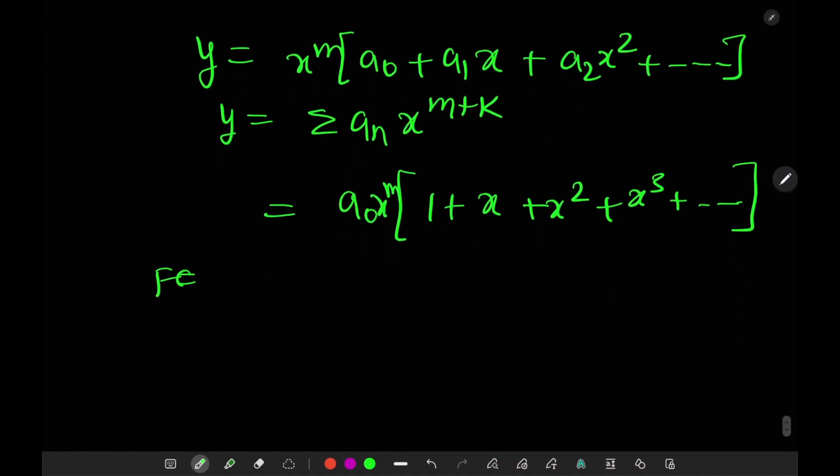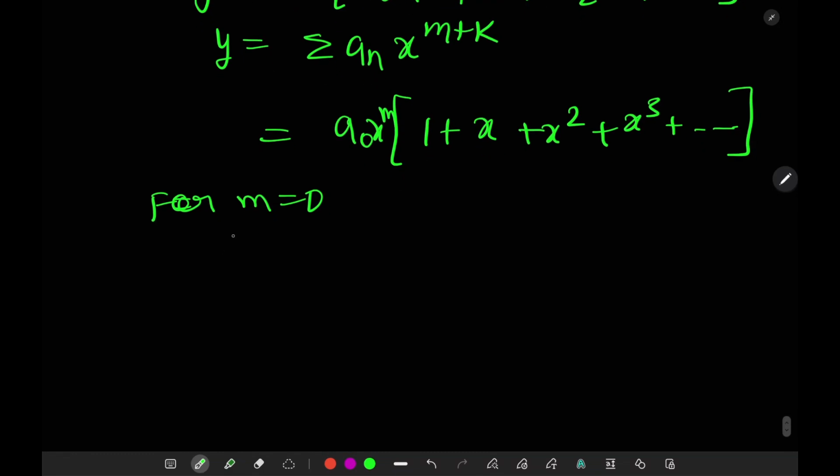For m equal to 0, this equation becomes this.